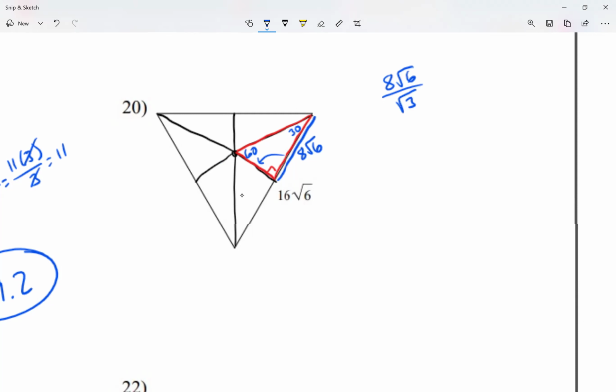One thing I remembered is I can simplify my fraction, as there's that 8. I can see these as radicals, but I simplify 6 over 3, divide each number by 3, and that gives me 2 over 1. The square root of 1 is 1, so it stops being a fraction. Any number over 1 stops being a fraction. So this is going to be 8 radical 2.